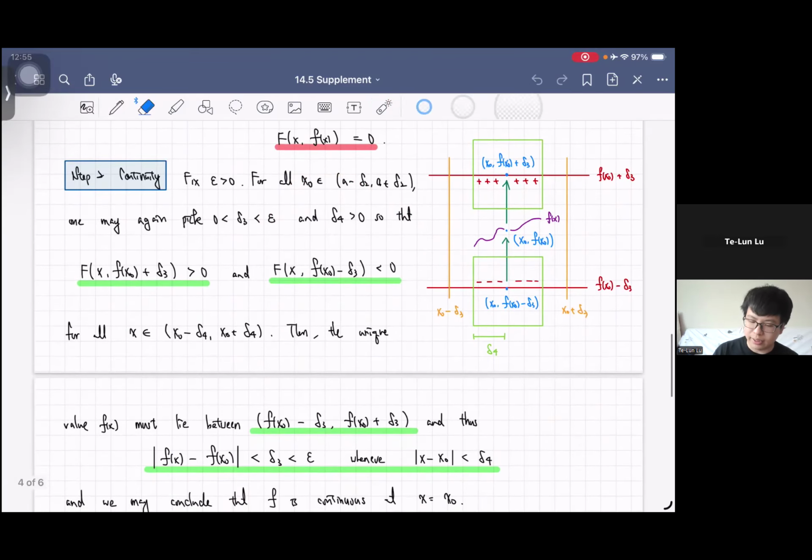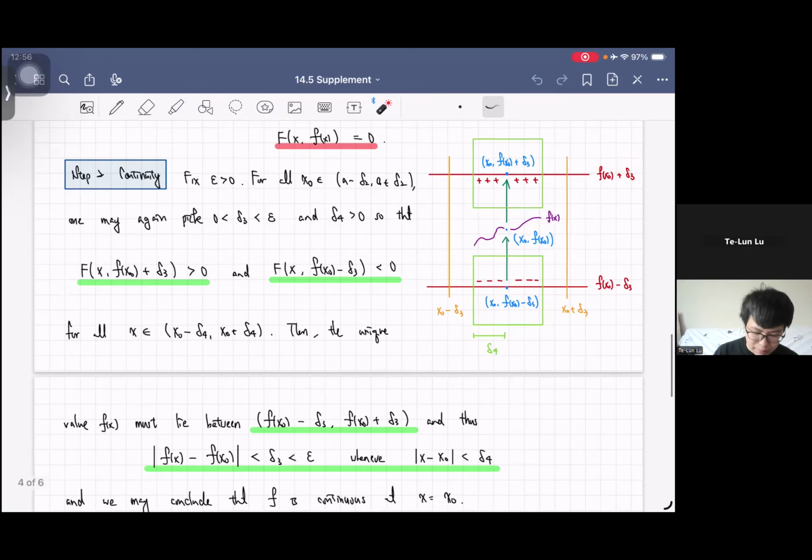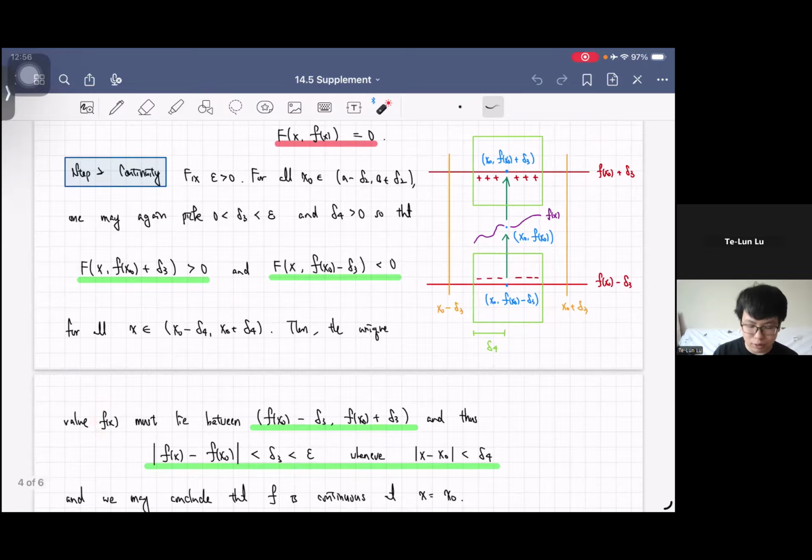And therefore, again, the so-called uniquely determined f can be solved within this small region, right? And by definition, this purple line, f of x, is within delta 3 distance of f of x naught. As I mentioned here, f of x must lie between f of x naught minus delta 3 and f of x naught plus delta 3.